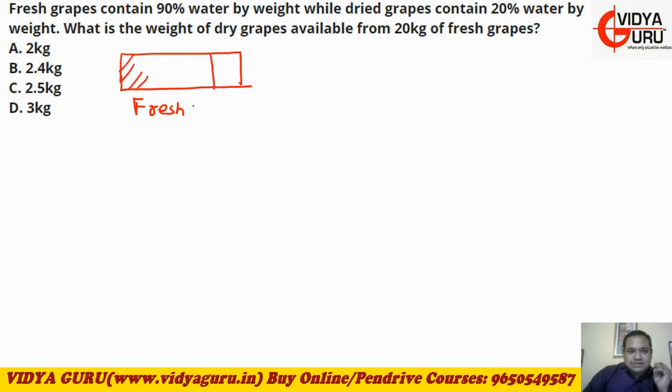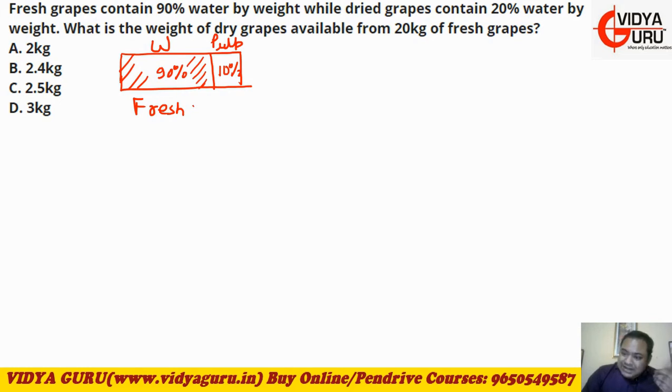So 90% is water. What does that mean? What about the remaining 10%? The remaining 10% is pulp, or the edible part. When you dry a grape, some quantity of water will evaporate into the atmosphere, but the pulp will remain as it is.